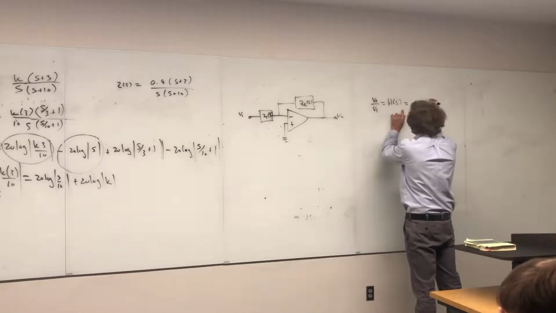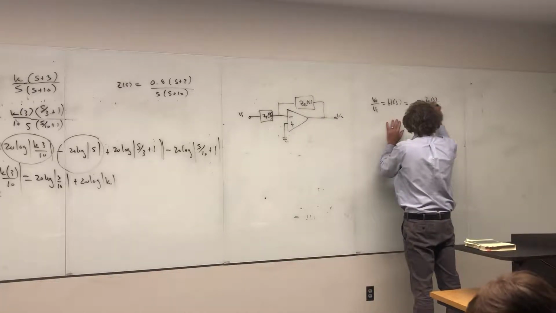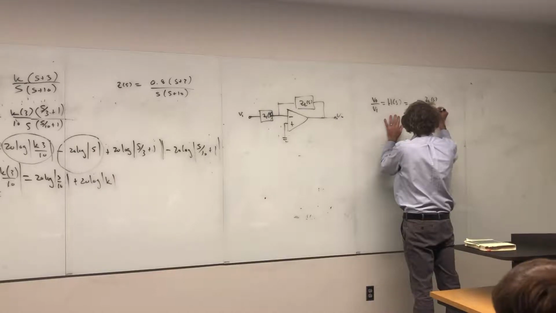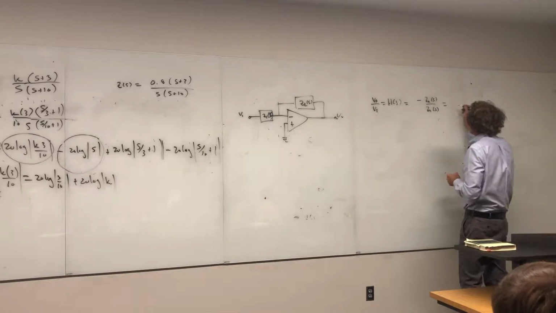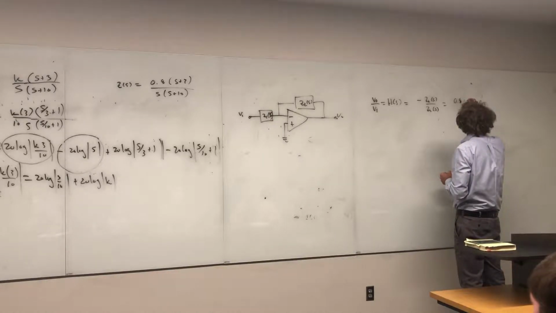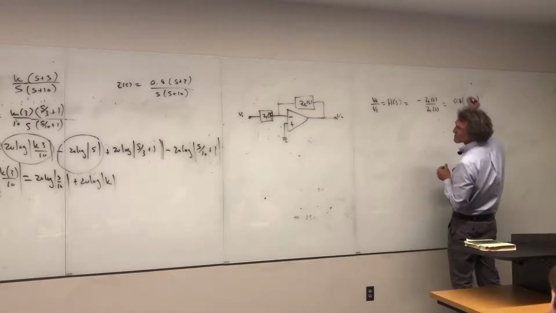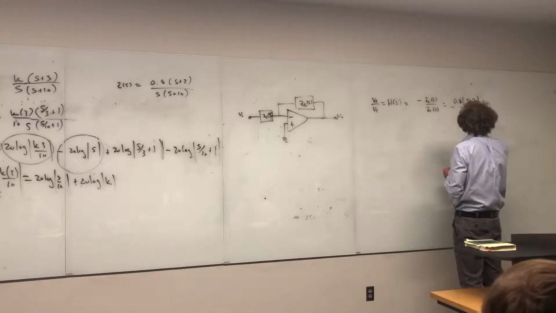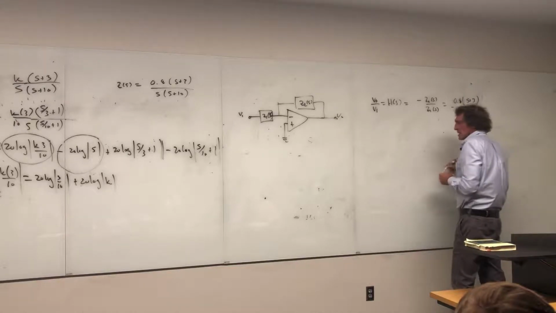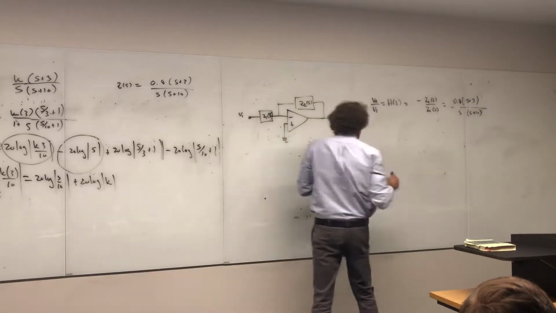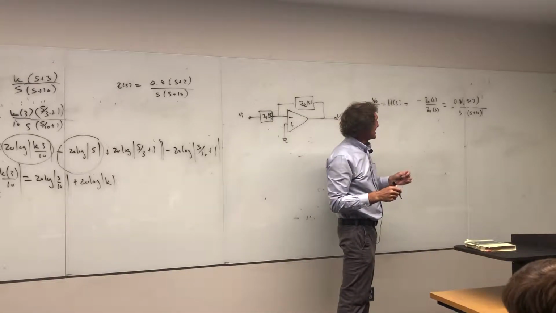This output, if you remember, is minus this impedance, Z2 of S, over Z1 of S. Well, if I put that equal to this, 0.8 times (S plus 3) over (S plus 10), all right? I'll show you a couple of ways to do it.